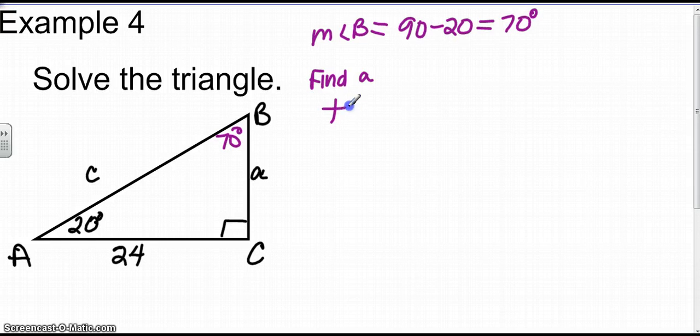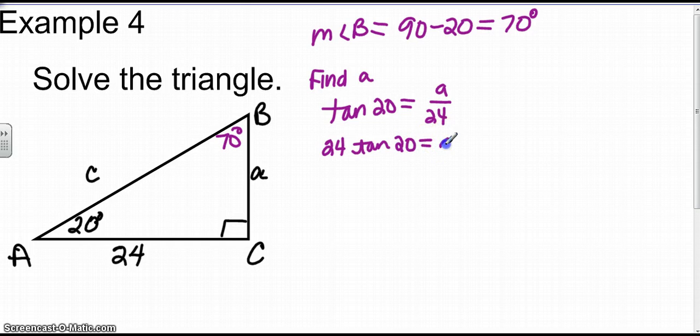So I'm going to say that the tangent of 20 is equal to A over 24. Now I need to use my calculator on this, but first I'm going to multiply both sides by 24. And now I'm simply going to put this right into the calculator. 24 times the tangent of 20, and A is approximately 8.7.